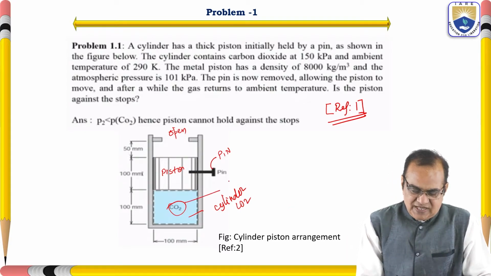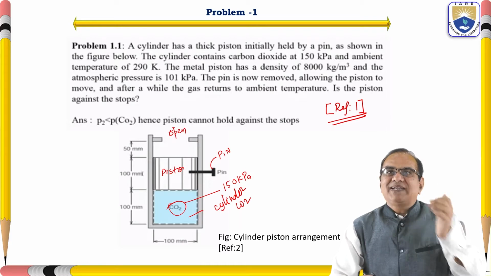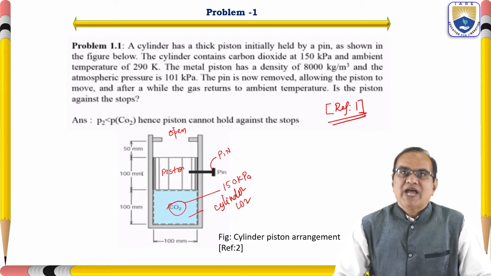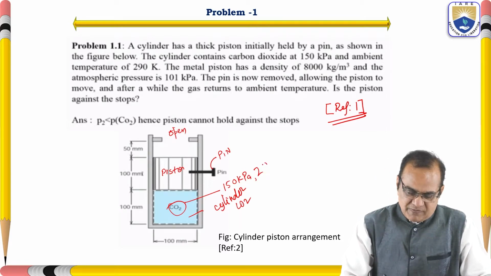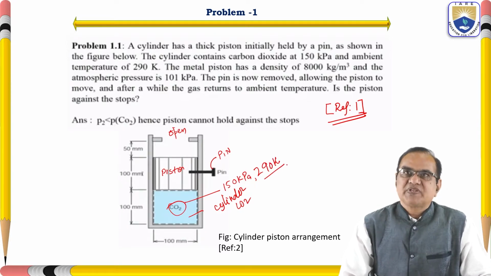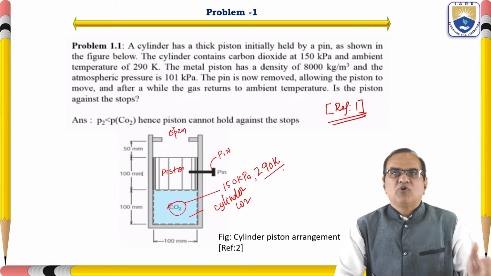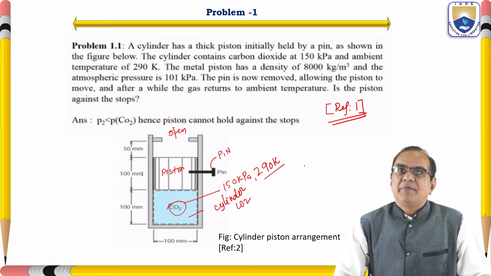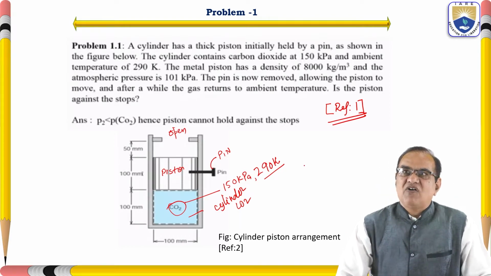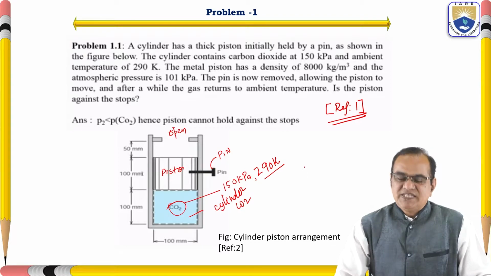So here the pressure is 150 kilopascal, and the ambient temperature is 290 Kelvin, which means not a high temperature. The metal piston has a density of 8000 kg per meter cube.